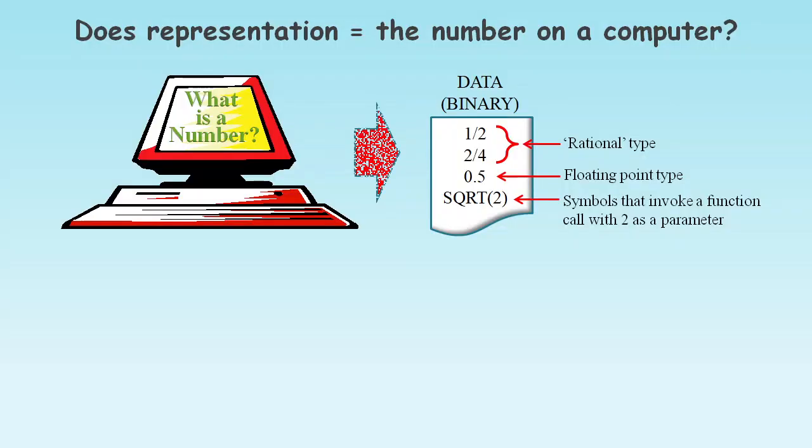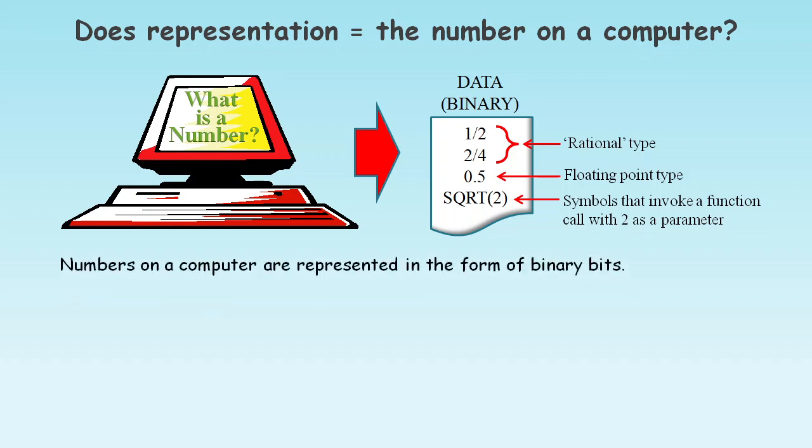If we think about what a number is on a computer, then surely the binary bits that represent the number are the number itself. A rational might be stored as two integers, one for the numerator and one for the denominator.